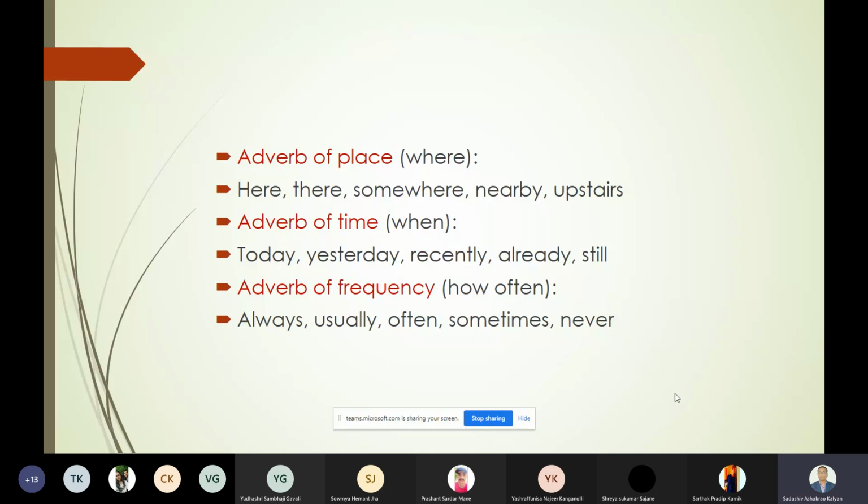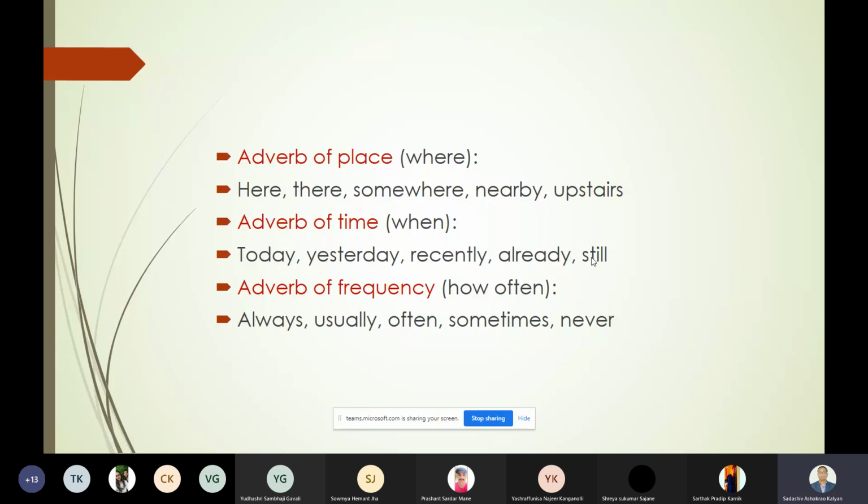Chhatrapati Shahu terminus is situated near the CBS bus stand. So whenever we want to use the word nearby, we can use the adverb of place. These are the words which are trying to tell us where: here, there.